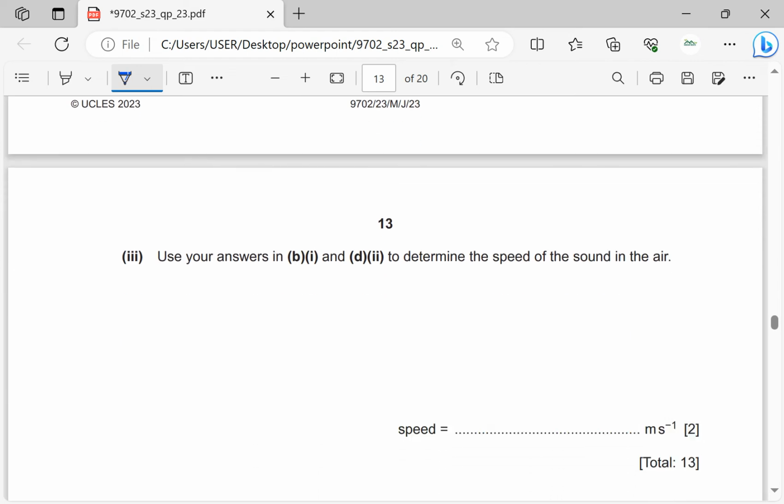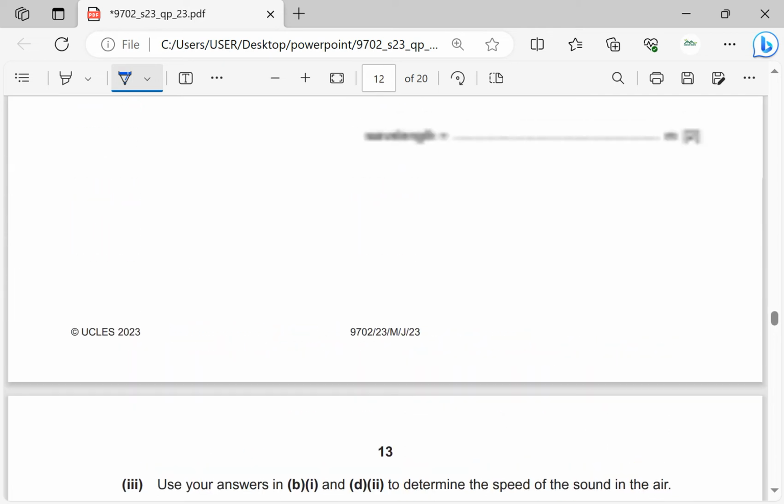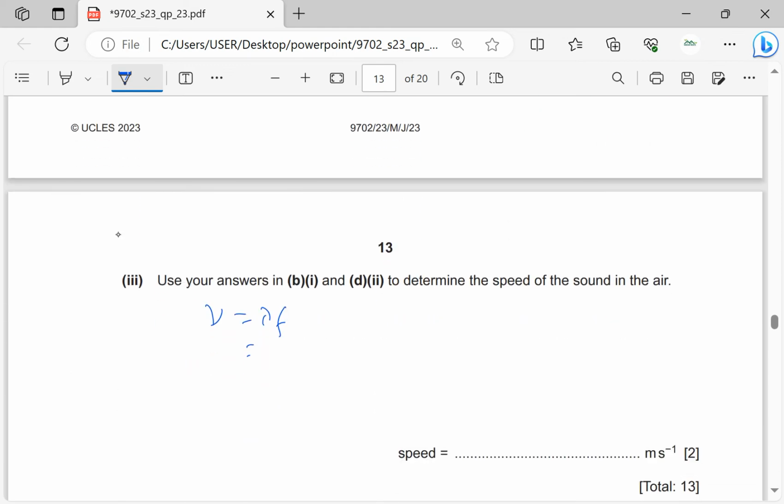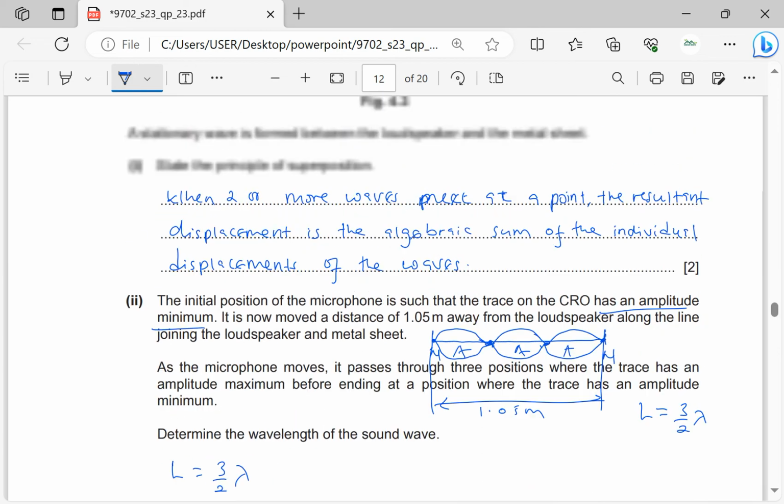Use your answer in B Roman 1 and B Roman 2 to find the speed of the wave. You know that speed is equal to lambda times f. In Roman 2, we have got the wavelength as 0.7, and in Roman 1, we got the frequency.